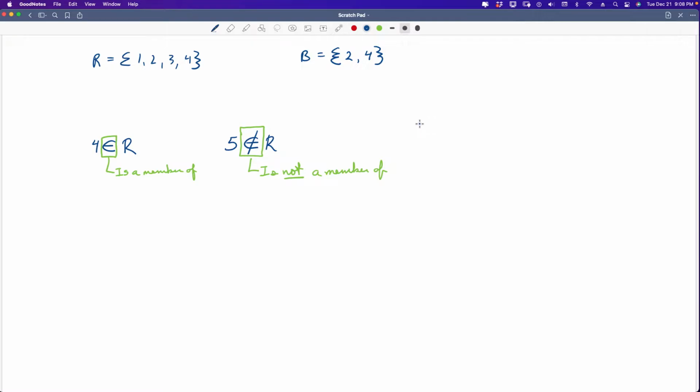So I could say that B is a subset of R. This little symbol right here means "is a subset of." And all subset means is all members are in another set. That's all that means.